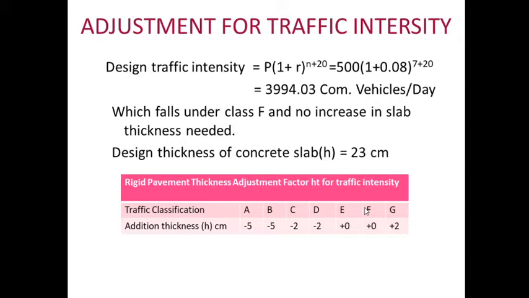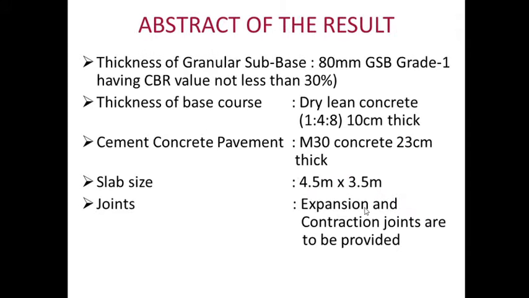But in our problem, traffic classification F means no correction, no addition or deletion. That's why we take the design thickness of the concrete slab as 23 centimeters. Then the 23 centimeter slab is divided in such a way.